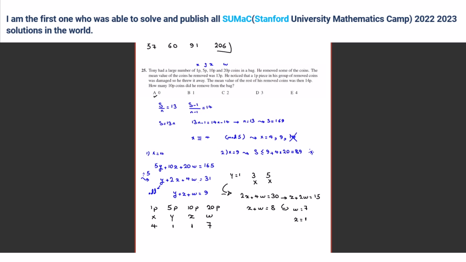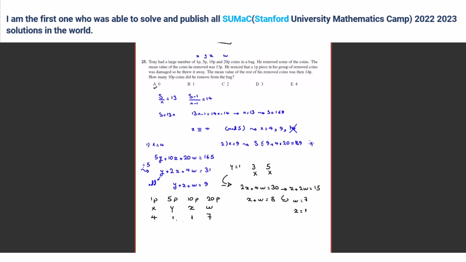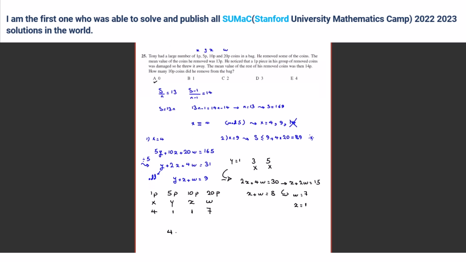Okay, it says the average is 13. So is it correct? The average is 13, 4 plus 5, plus 10 plus 140 over 13. So it would be what? 159.